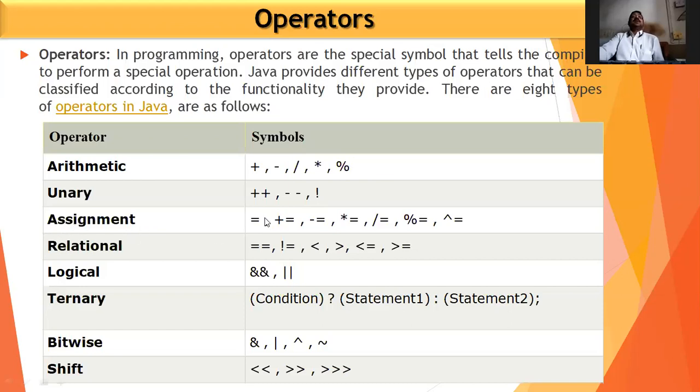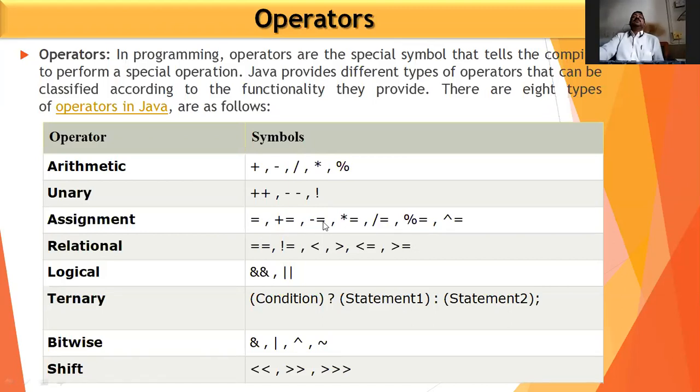Next is assignment. So the equal to sign is the assignment statement, which is used in expressions while declaring the variable. The value of the expression will be stored in the variable, and that is done with the help of assignment. All the rest of these different assignment operators are used in C language as shorthand operators.